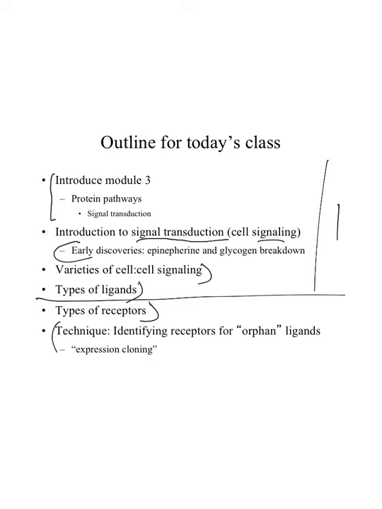What we'll see is a return to the technique we talked about in our previous lecture, the expression cloning strategy, where you use a cDNA library, express it and turn it into protein, and go fishing for a particular receptor for a ligand that you might be interested in. So we'll begin with context, we'll end with experimental approach.